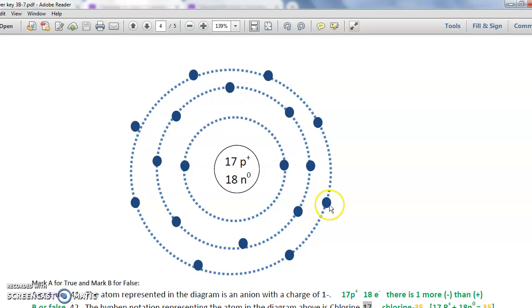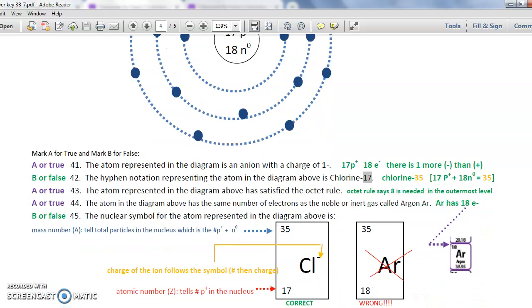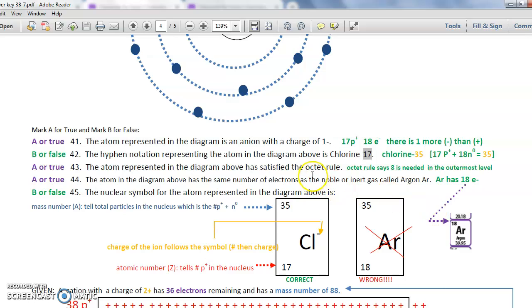But since it's 1 minus, it picked one more up to fill up that outer level. It put 8 in that outermost level, which satisfies the octet rule. Next question, 43. Does it satisfy the octet rule? Yes, it has 8 in its outermost level. That satisfies the octet rule.